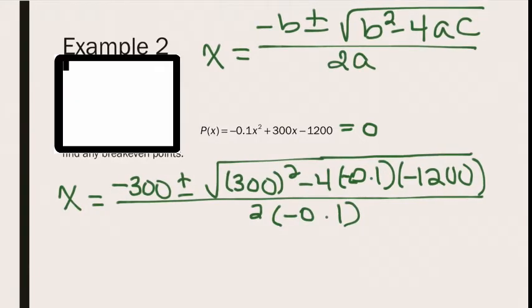When I type this expression in the calculator, I really try to do it in several steps. The first thing I do is calculate what that radicand is. So that's 300 squared minus 4 times negative 0.1 times negative 1,200.